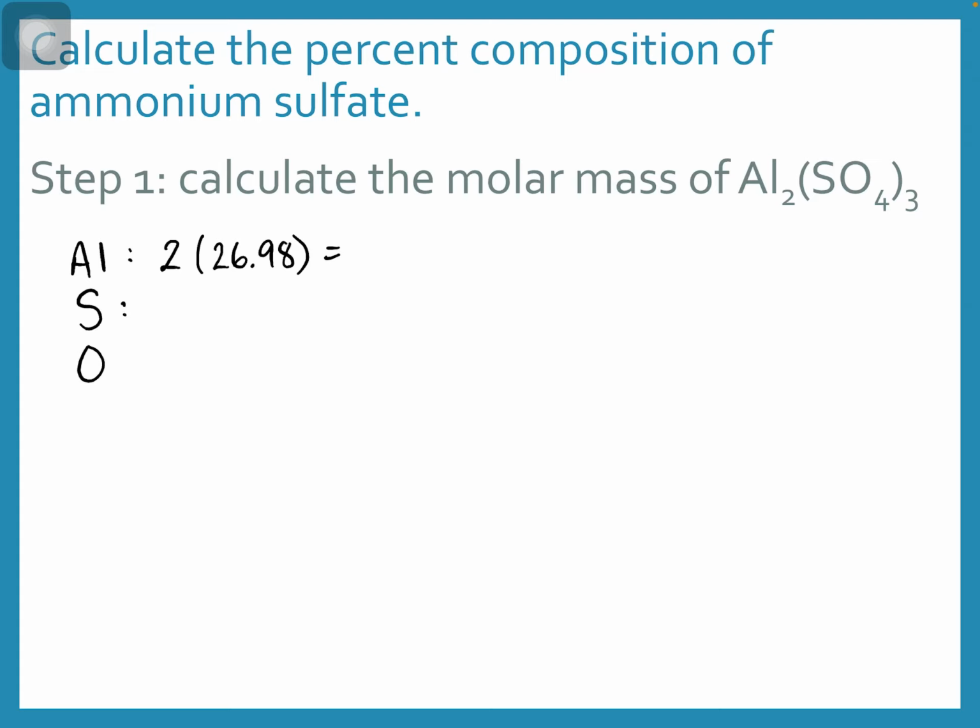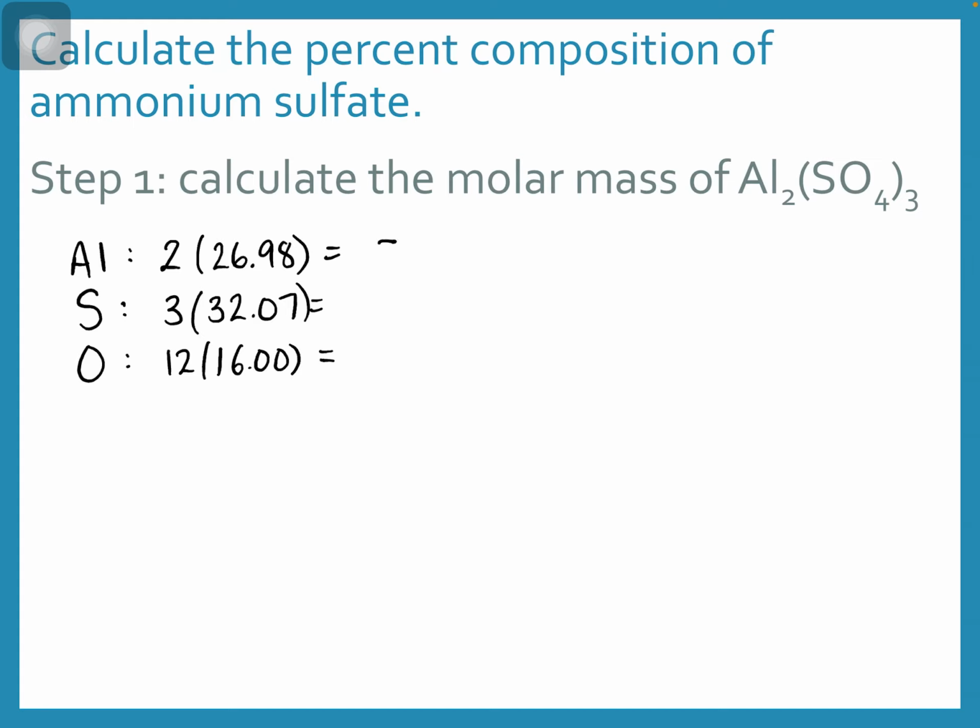Sulfur is 32.07, and I have 3 sulfur. And oxygen, there are 12 oxygens, and oxygen is 16.00.